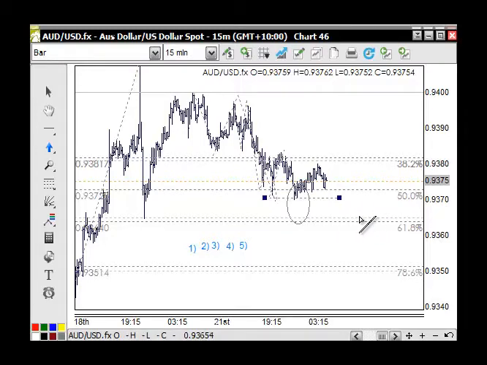So we can look to add a position, looking for a retest of 93.72 or 93.70, somewhere in there. Look for a failed retest, and also the same at 93.65, the same at 93.50, the same at 93.30 and 20, and then under 93, we start another sequence under there.